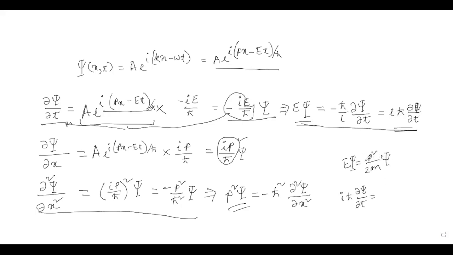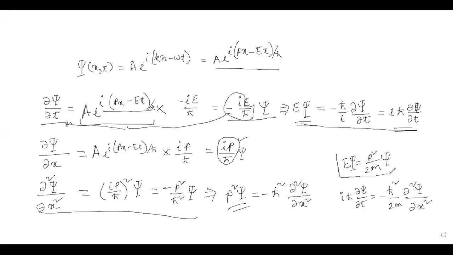And what is P square psi? P square psi is minus h bar square del 2 psi by del x square. So this is minus h bar square by twice m, the second derivative of psi with respect to x.